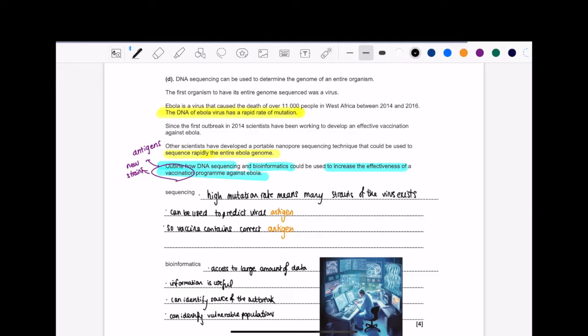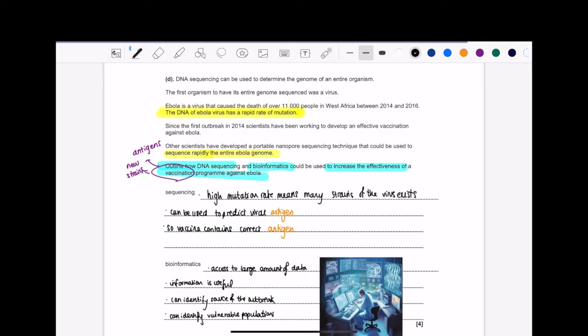They are: the DNA of the Ebola virus has a rapid rate of mutation, and scientists developed something that's used to rapidly sequence the entire Ebola genome. In terms of the first part, the DNA of the Ebola virus has a rapid rate of mutation. Well, because we talk about vaccinations here, they really go hand in hand.